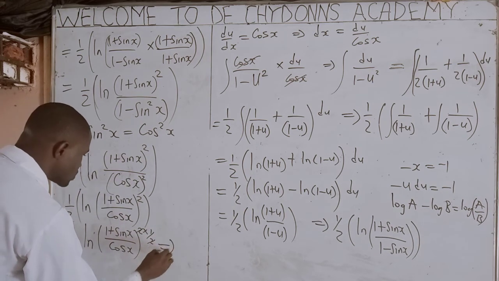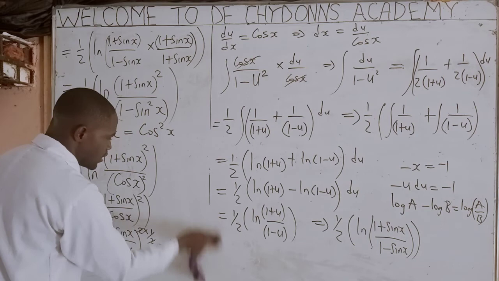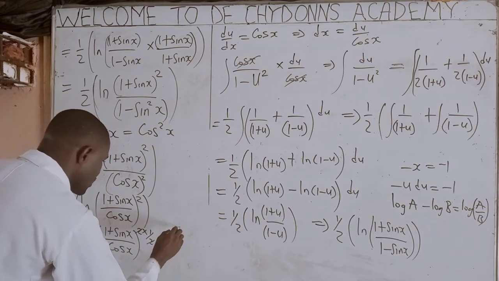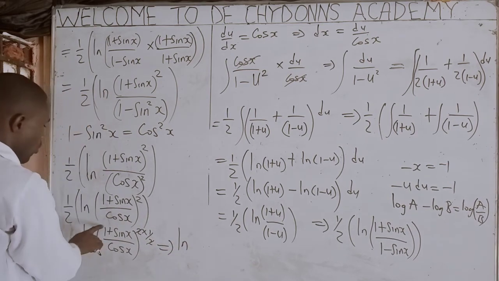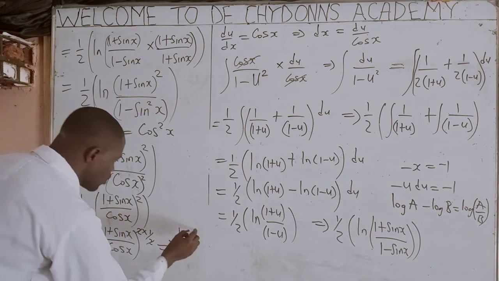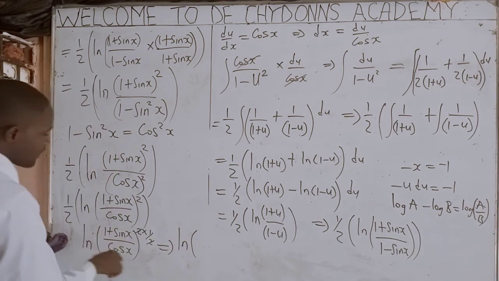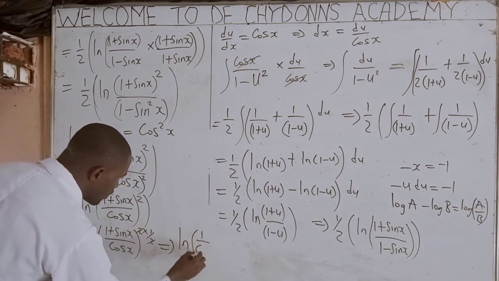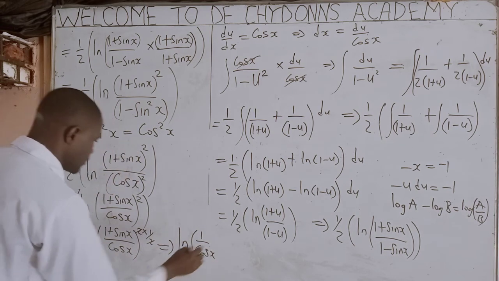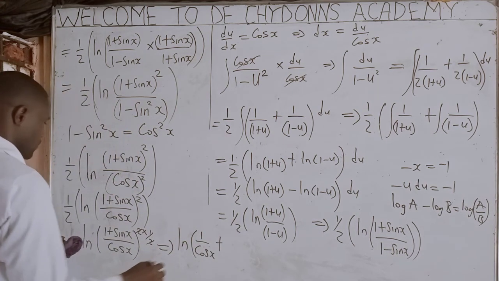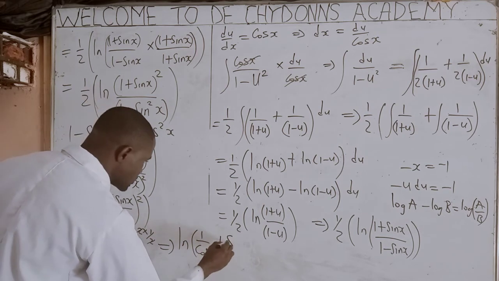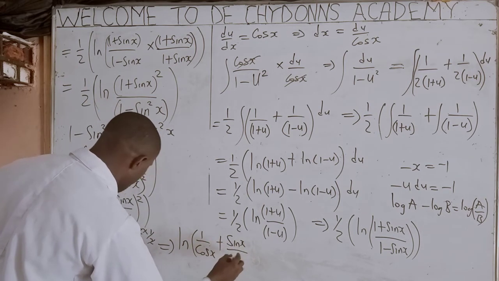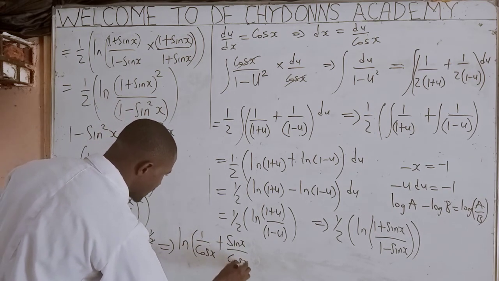That will be giving us finally that the answer is ln of 1 plus sine x over cos x, which will be giving me 1 over cos x plus sine x over cos x.